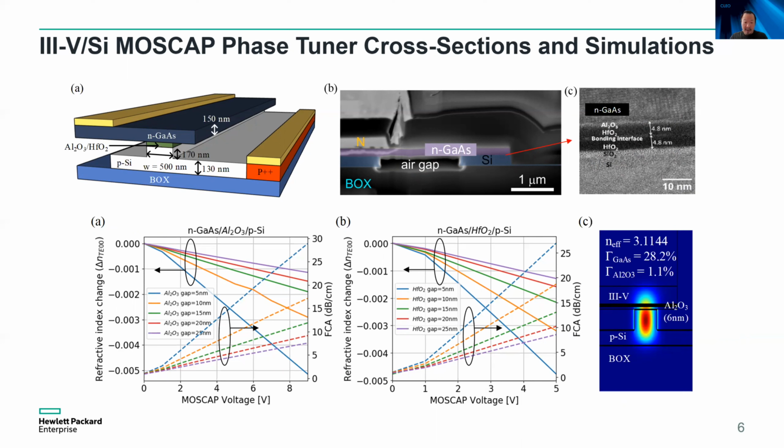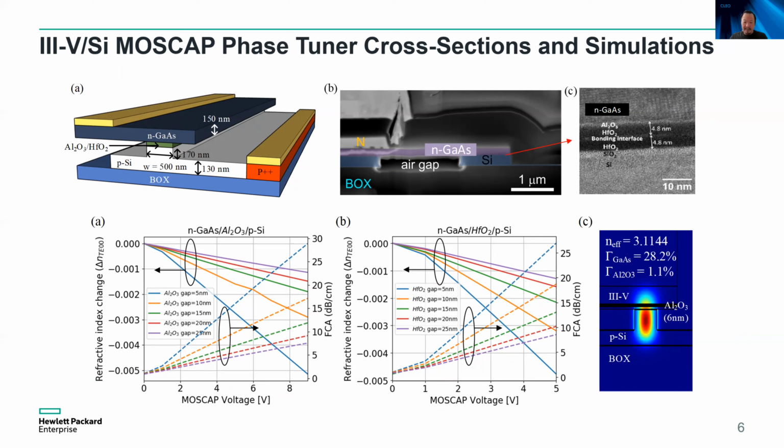This figure on the left shows a simulated effective index change, which corresponds to the left axis, and associated free carrier absorption losses on the right axis for a range of bias voltages. This is done for several dielectric thicknesses of aluminum oxide. The same is done for hafnium dioxide in this graph.